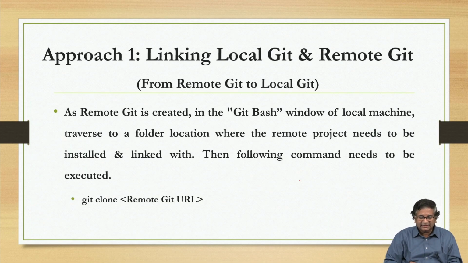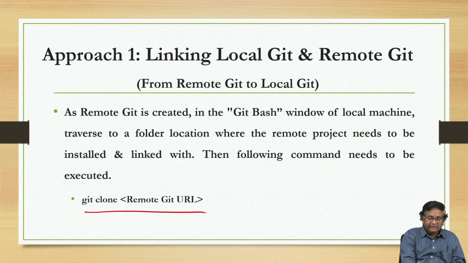As the remote Git is created, in the Git Bash window of the local machine, traverse to a folder location where the remote project needs to be installed and linked. Then the following command needs to be executed: git clone remote-git-URL. So the URL that you copied, we are going to put it here. Like I said, in our local machine we have nothing; the project is not there. In that context, we have to go to a directory where we want to have the project.